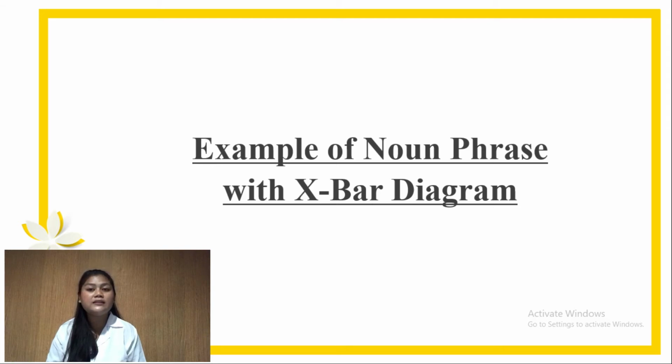Okay, now we move to the last part of this discussion. That is the example of noun phrase with X-bar diagram. Here, I will show you four examples of noun phrase, namely a noun phrase with head, determiner, attribute, and complement.